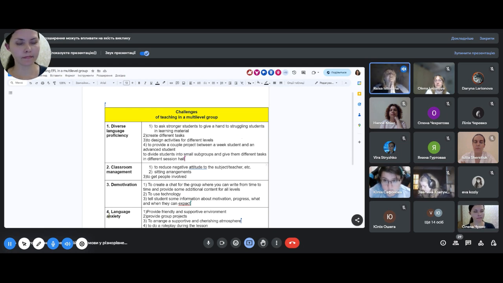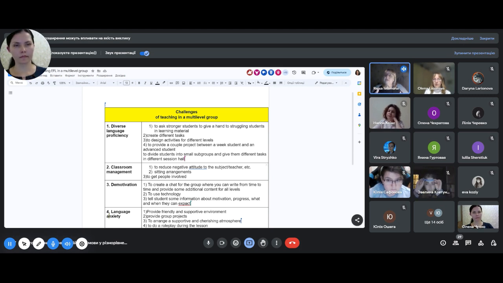Then the first thing we should do is to think about the roles they will play working together. If a weaker learner can draw or can do some other things, then at this very stage, this person is responsible for these parts of the project. And a more advanced student just makes the presentation, and then step by step that weaker learner will be more motivated and engaged in the process.